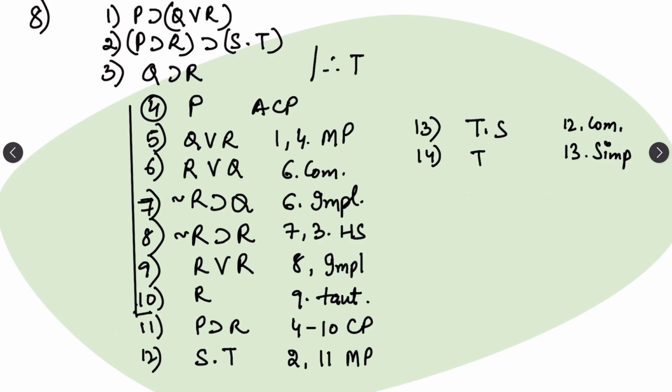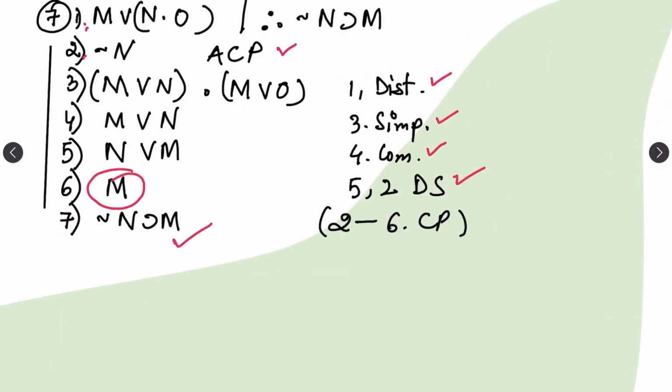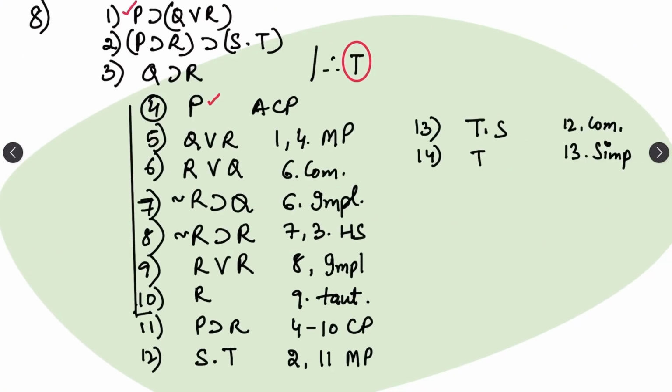In the next question, what we can see is there's just one consequent. Like you have T, so in this case we'll be assuming P, because P is here, by ACP. By using P you can use modus ponens. After that, commutation changes the places, and then implication, and then you can use hypothetical syllogism.